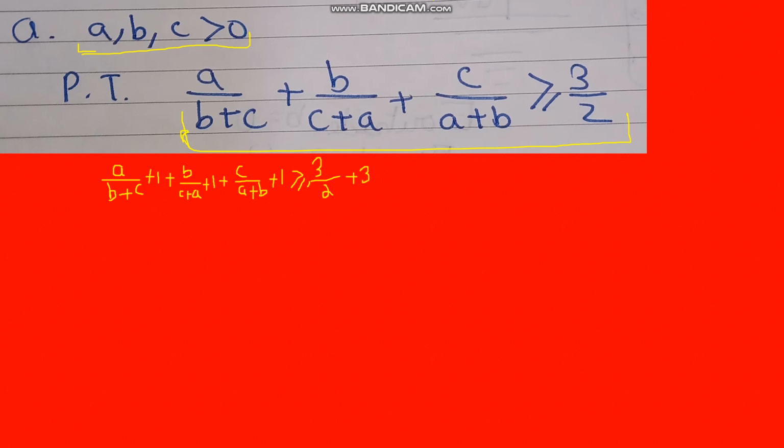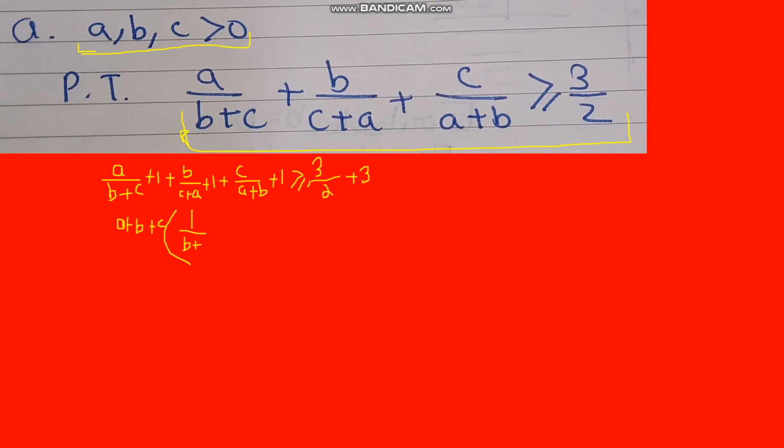Now see, the question will become a little simpler. Think about that. All the numerators will become A plus B plus C. A plus B plus C. Then we will get 1 by B plus C, meaning we get rid of the numerators.